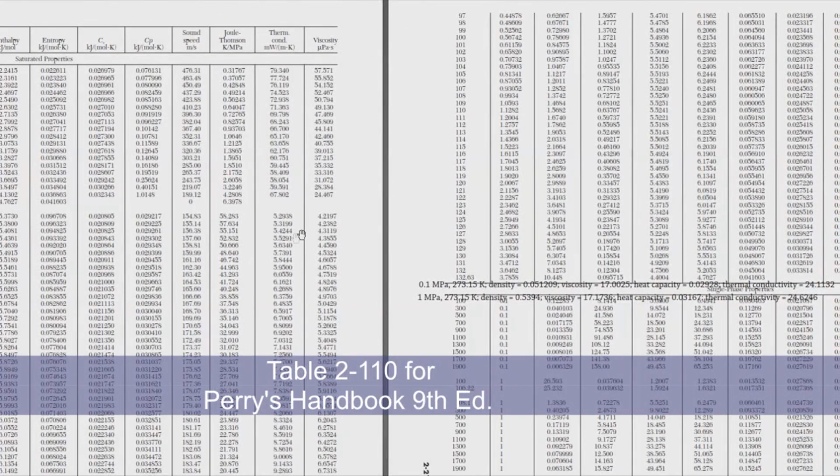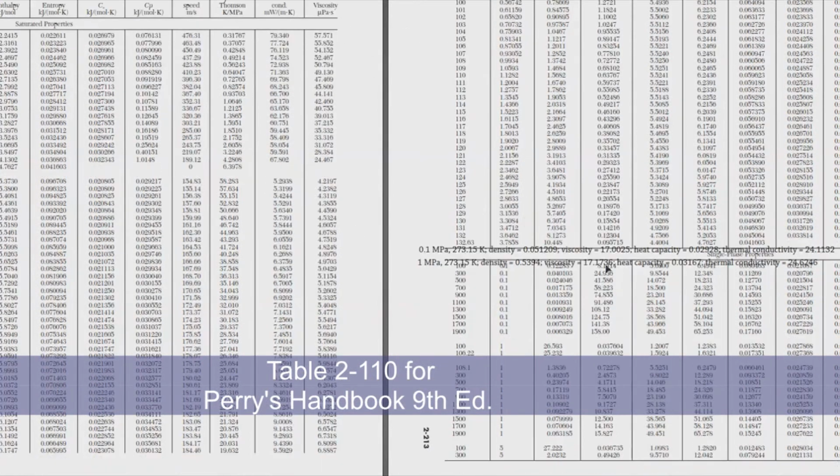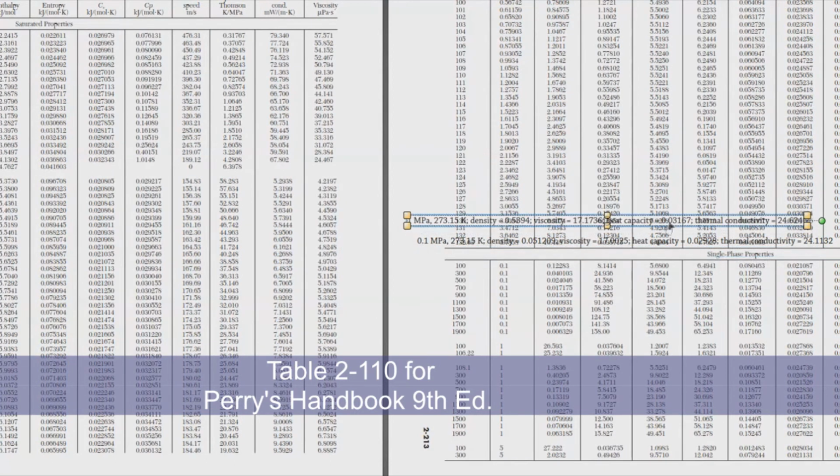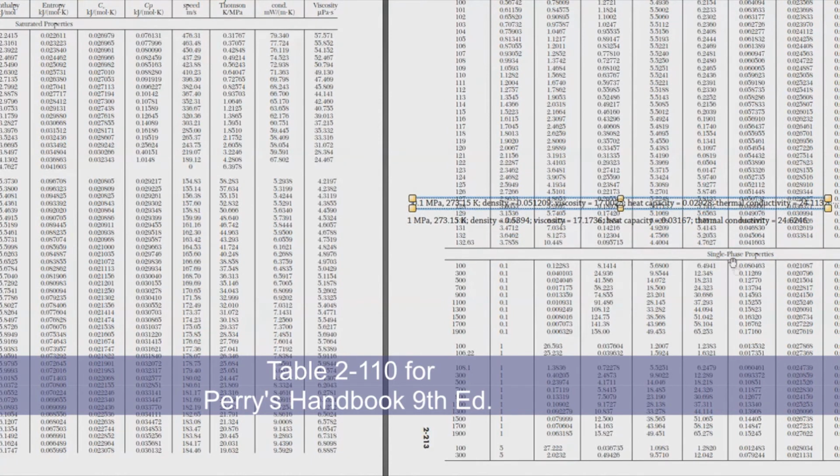And then the second page, you will see here, is also the saturated state, and a single phase property, wherein we have the gaseous, or the vapor phase of this air.